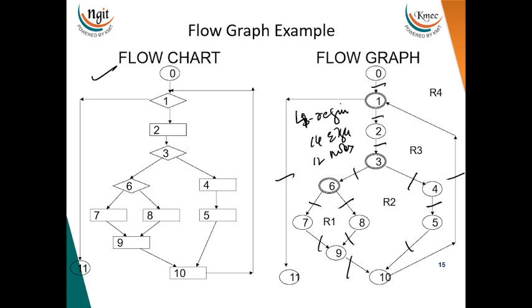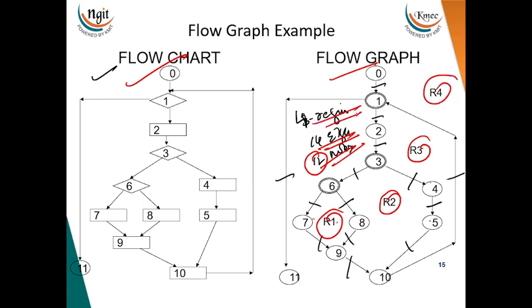This is your flow chart and this is our flow graph. If you go through it, how many edges? 14 edges and 12 nodes: 0, 1, 2, 3, 4, 5, 6, 7, 8, 9, 10, 11. Starting with 0, we have 12 nodes. For regions, this is probably R2, this is R1, and this is R3, and the outside region makes 4 regions.